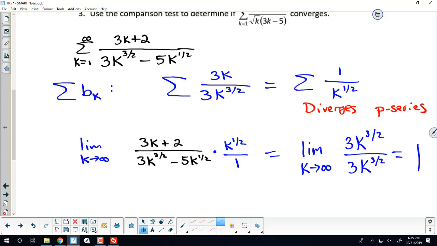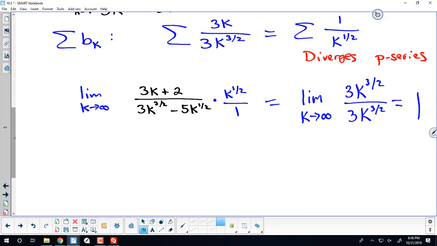So we've got a limit comparison. The limit is equal to 1. What is our conclusion? Divergence. Yeah. Really, the conclusion of the limit comparison test says that if you get a finite number that's not 0, both of those series do the same thing.